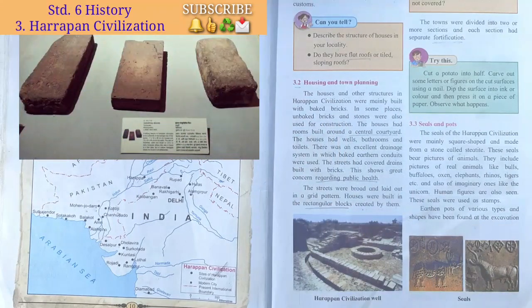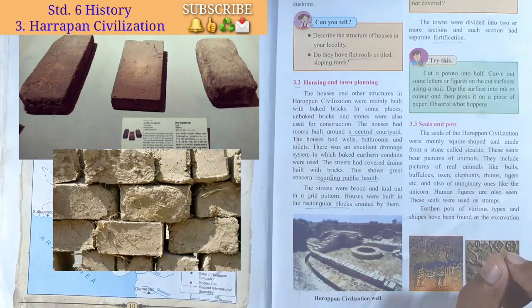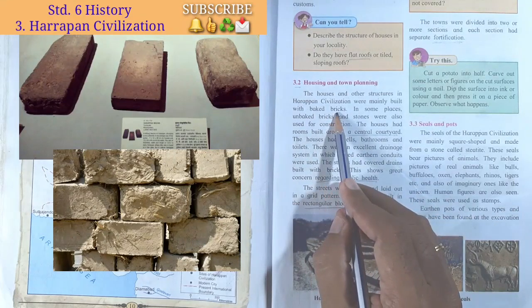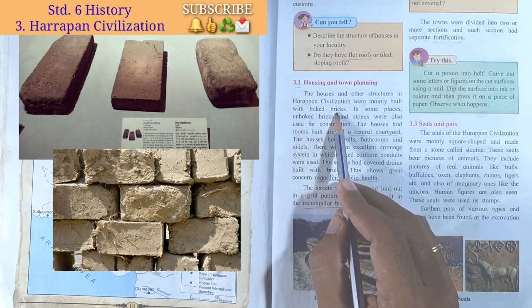Yes student, do you know what baked bricks are? Yes, you can see in the picture so you can understand what baked bricks are. Students, baked bricks are stronger than unbaked bricks. So most of the time baked bricks are used to build any house or any construction.